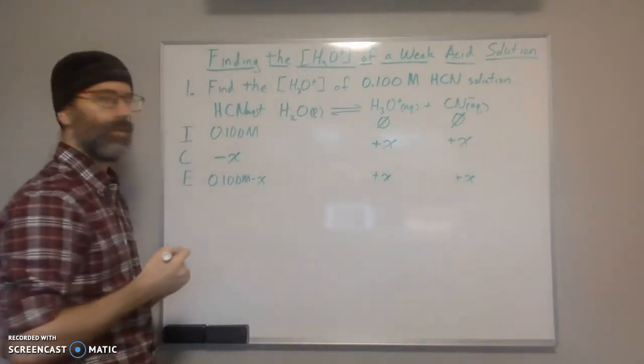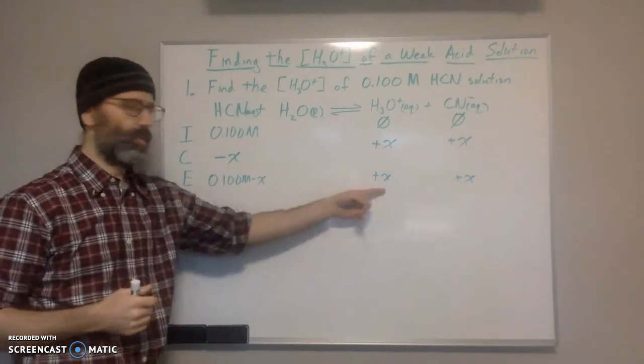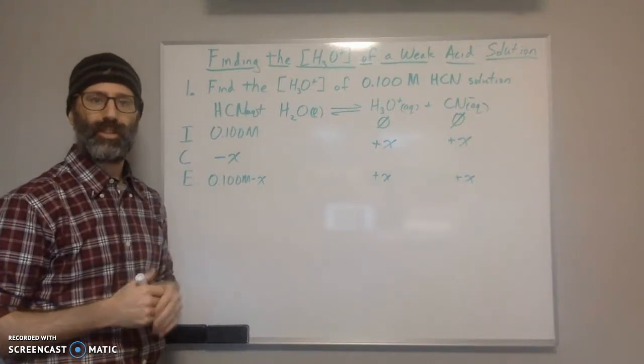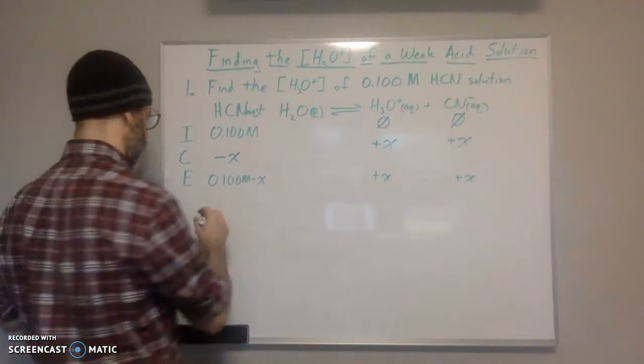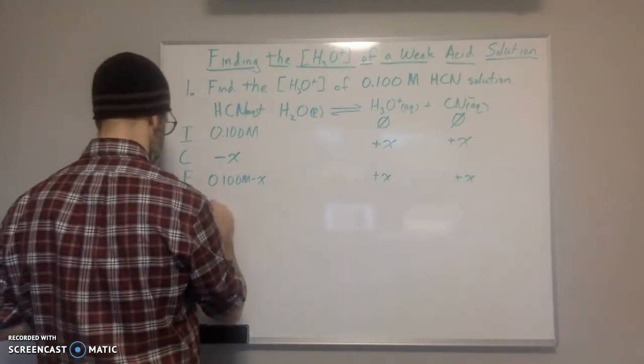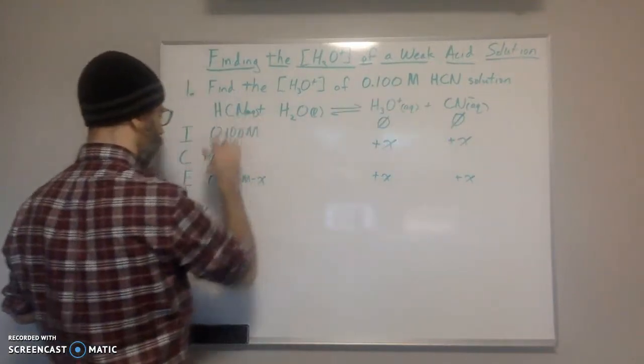So then, now all we need to do is put these equilibrium expressions into our Ka expression. So Ka is going to be equal to, remember, products over reactants.